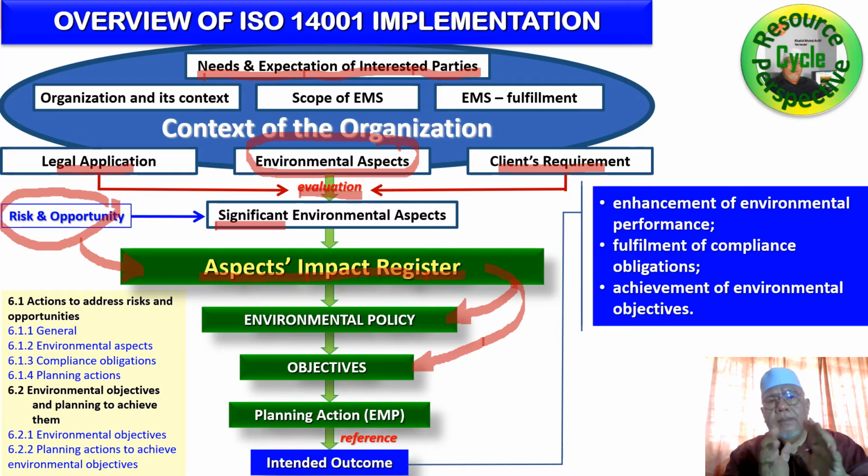All right, and then they can develop their narrower objectives, which we normally call environmental targets, specific, precise targets to complement their environmental objectives. And these are all considered intended outcomes.